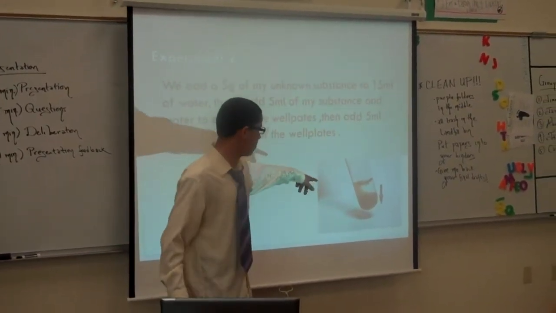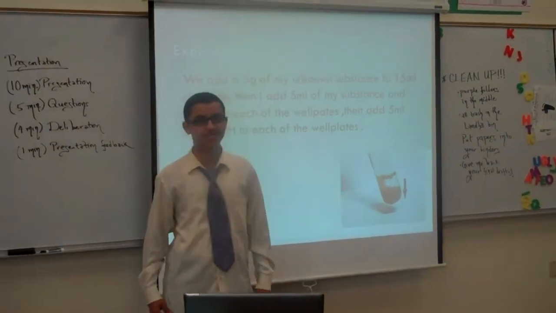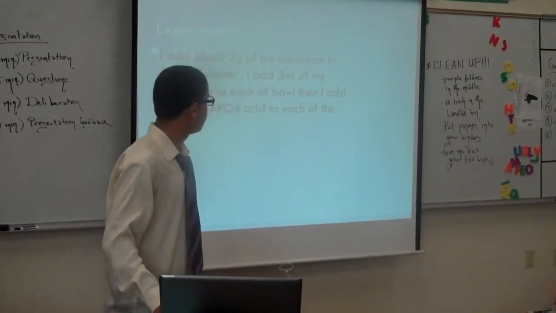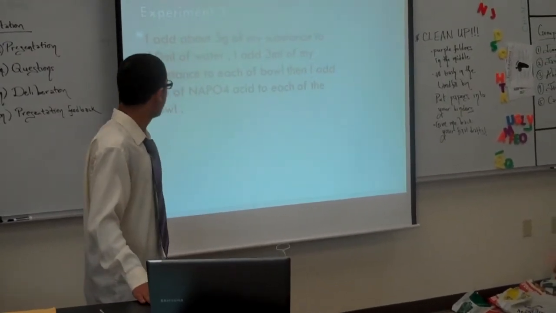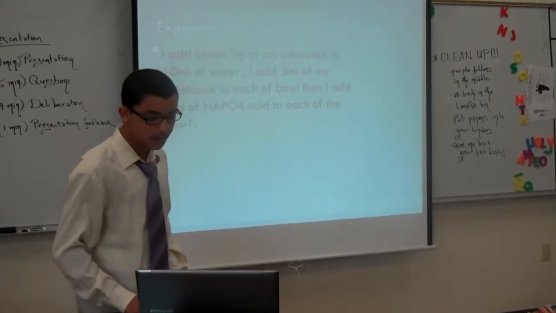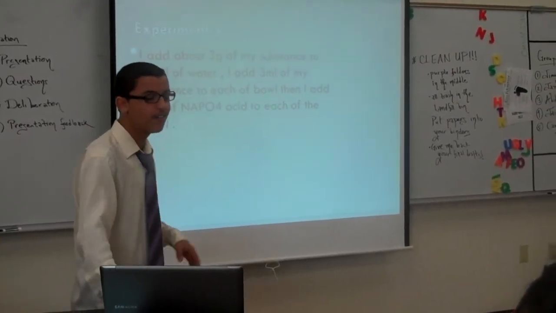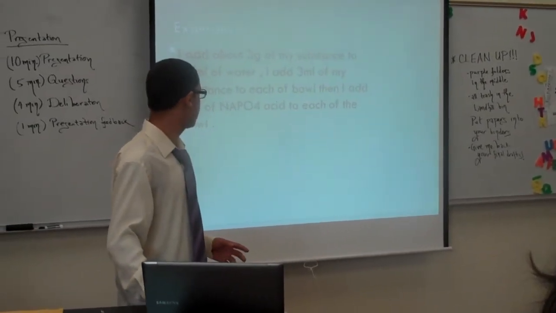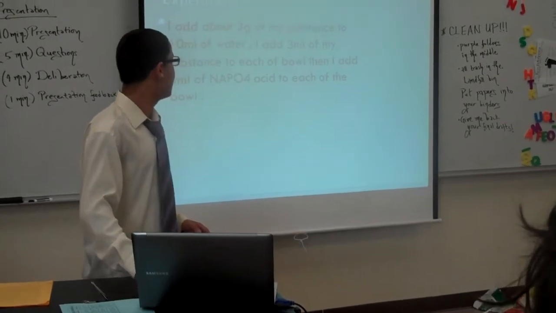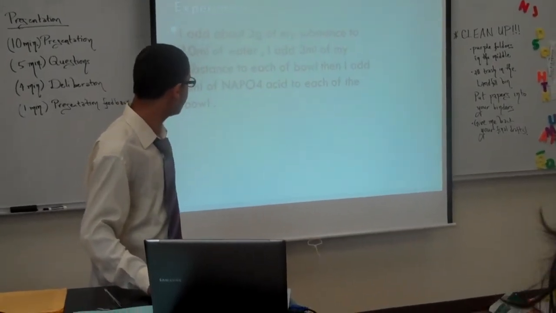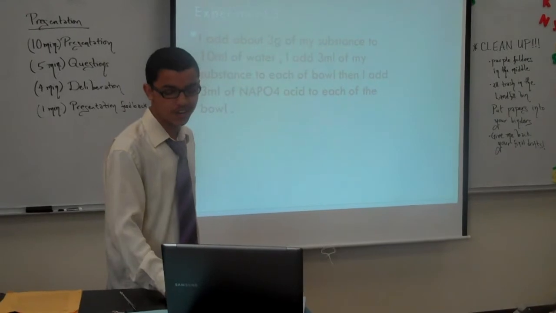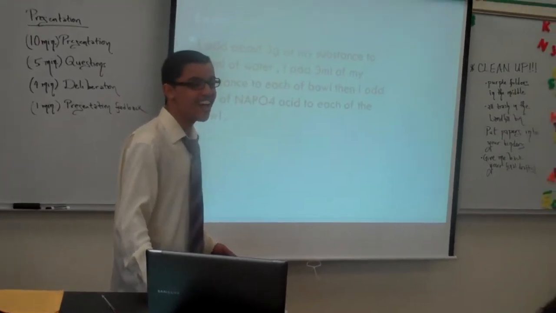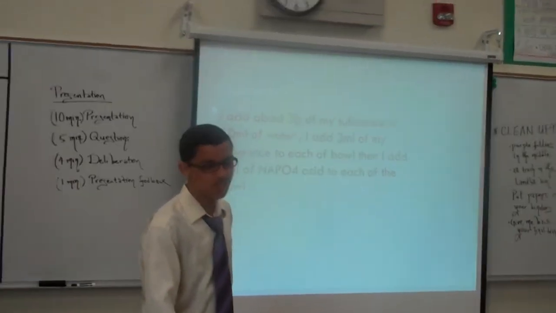In experiment 3, I added 3 grams of my unknown substance to 10 milliliters of water. Then I added 3 milliliters of NaPO4 to each bowl. They reacted together, and it changed color to yellow.